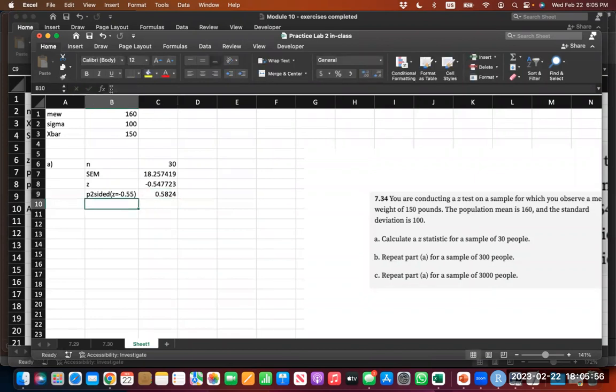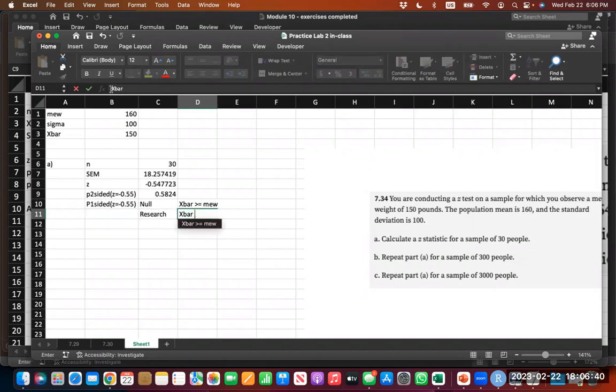So if we were interested now in a P one-sided for a z-score equal to minus 0.55, where we assume that our null hypothesis is that X bar is greater or equal than our mu, then the research hypothesis would be X bar smaller than mu.